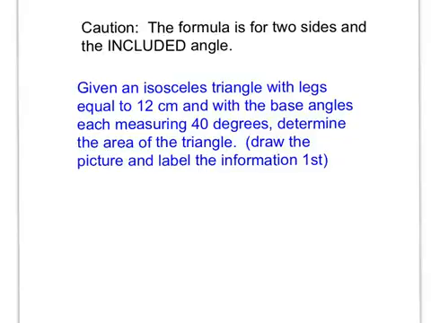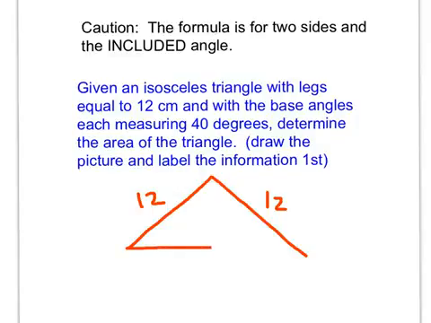Here I put a caution. The formula is for two sides and the included angle. Given an isosceles triangle with legs equal to 12, let me change colors here. Isosceles triangle with legs equal to 12, and with base angles each measuring 40 degrees.